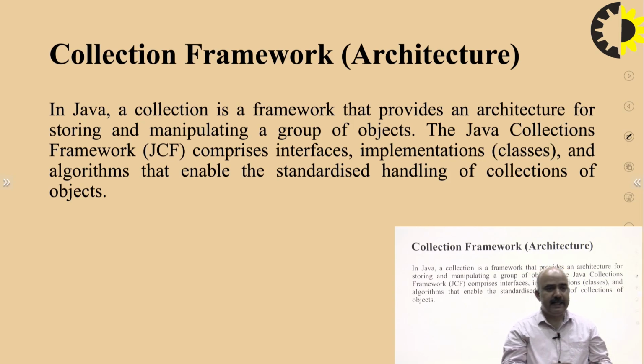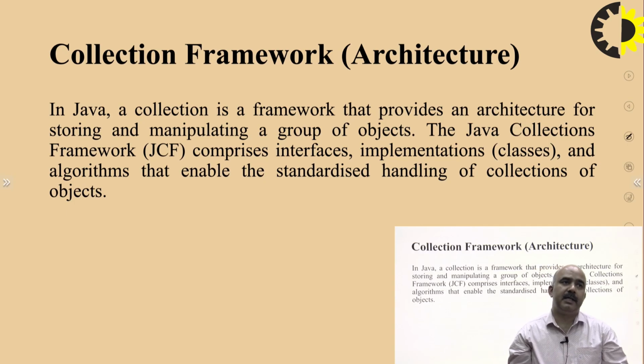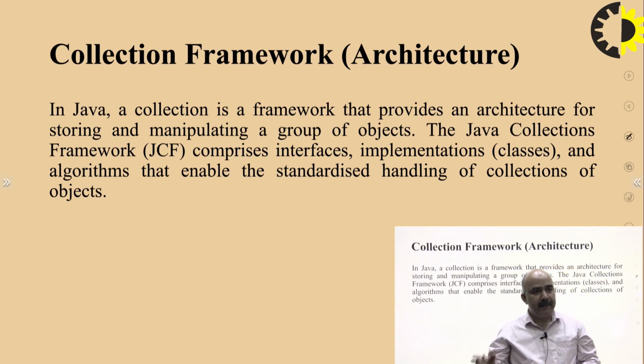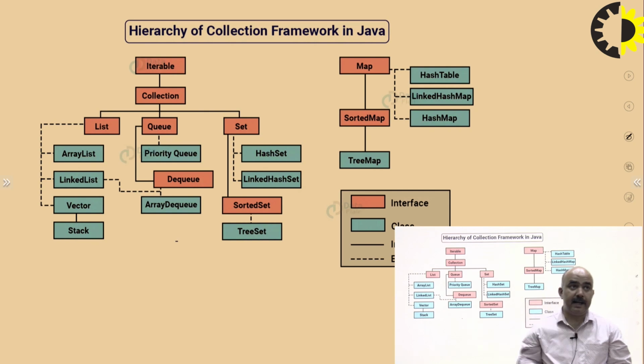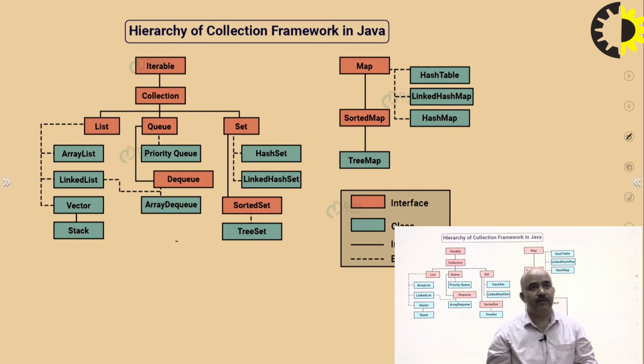In this framework, Collection is the root, the top of the hierarchy, and it has sub-interfaces like Set, Queue and List, which further implement the collection framework. Map is also there in the collection framework, but it is not part of Collection; it is part of the collection framework. So this is the hierarchical architecture of the collection framework.